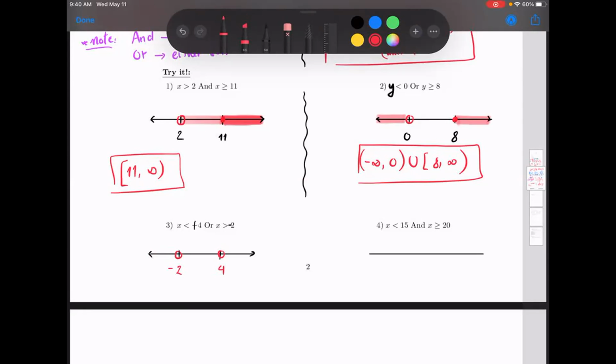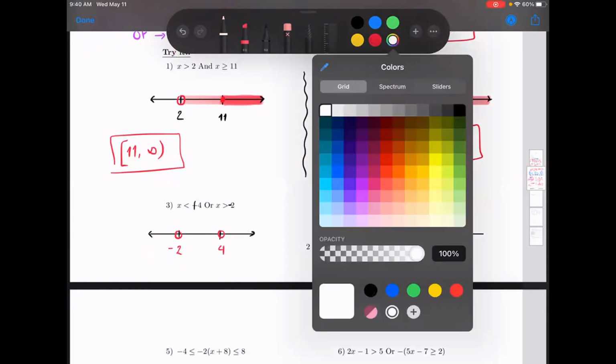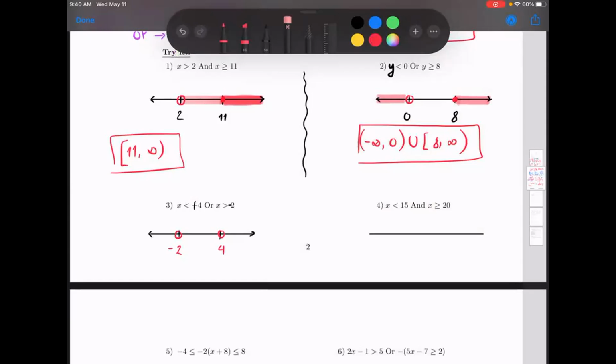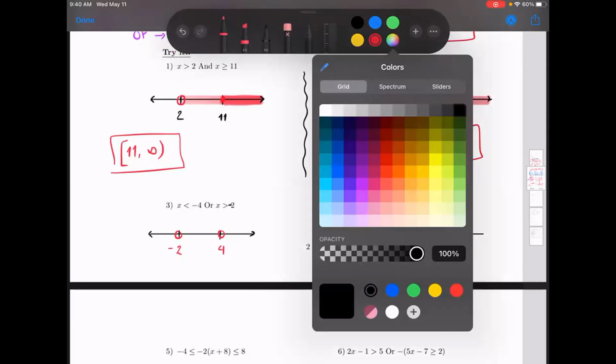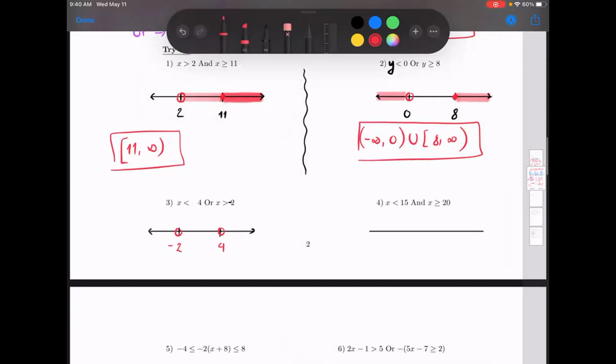So X is less than 4. I'm going to do it like this, so that you don't see that little minus. There you go, positive. Okay, so X is less than 4, like that.